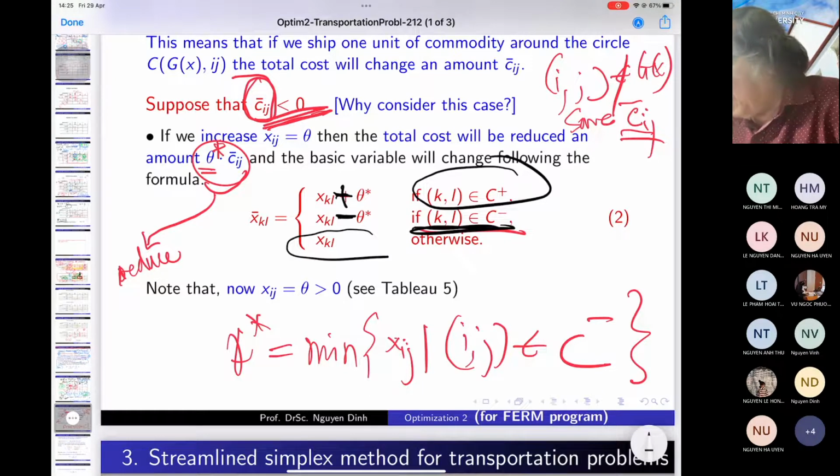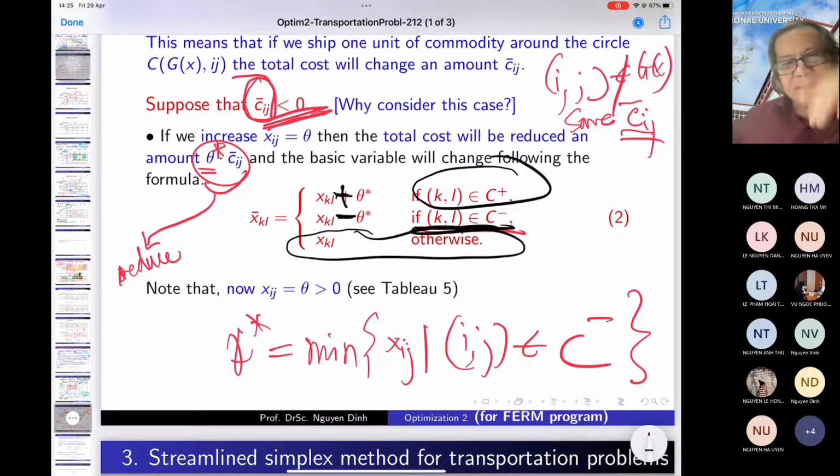Otherwise, there is nothing. That means all the cells outside of the cycle, outside of C plus and C minus, have no change. Is that okay?